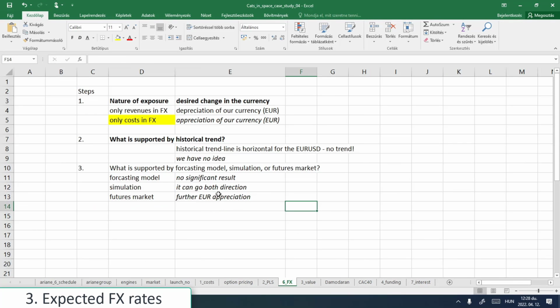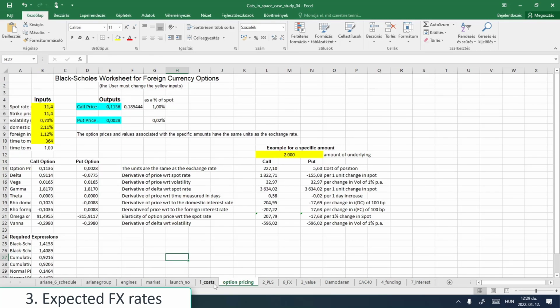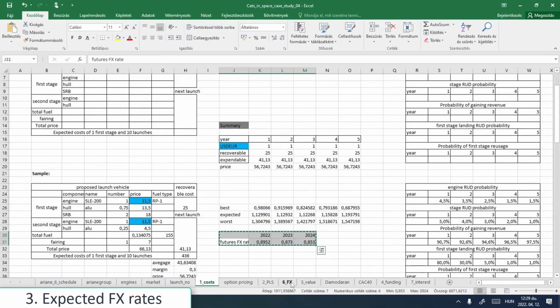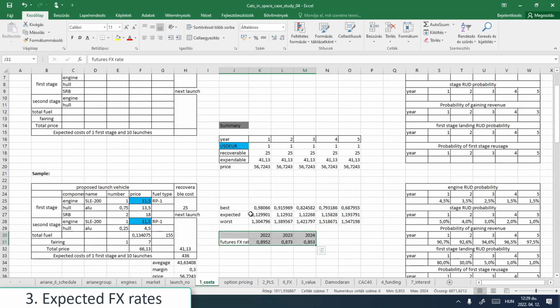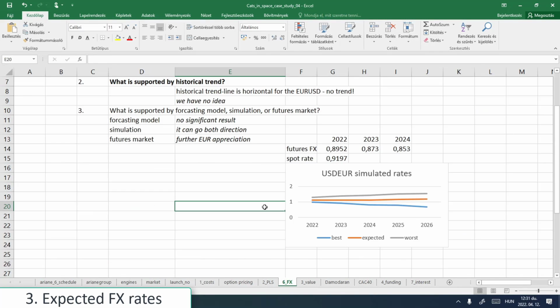This can be useful for us, because in this case we can say that the best case scenario can be applicable.